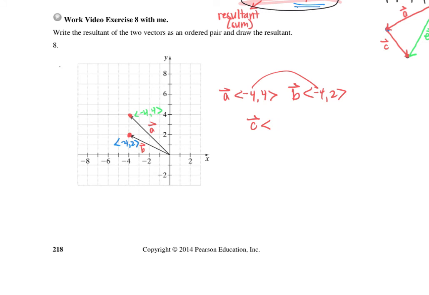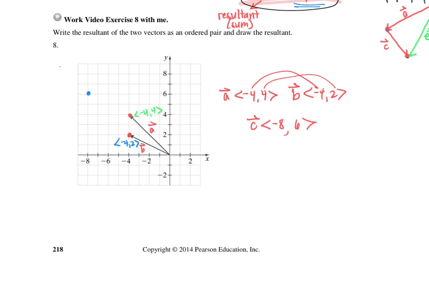Hello. Negative 8. And 6. Okay. So vector C should be negative 8 and 6, and it's the result of the sum of those two vectors. So negative 8 and 6, which is vector C.